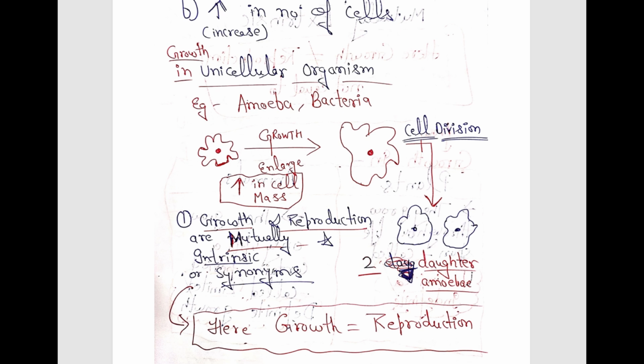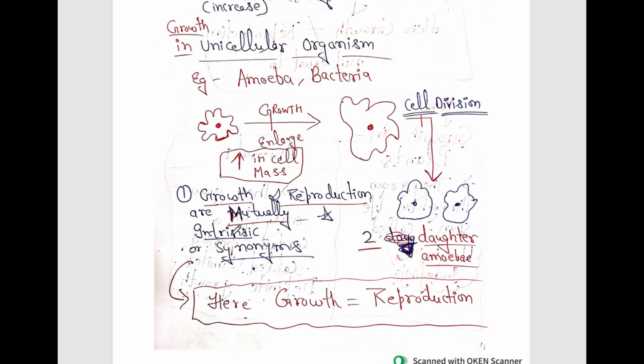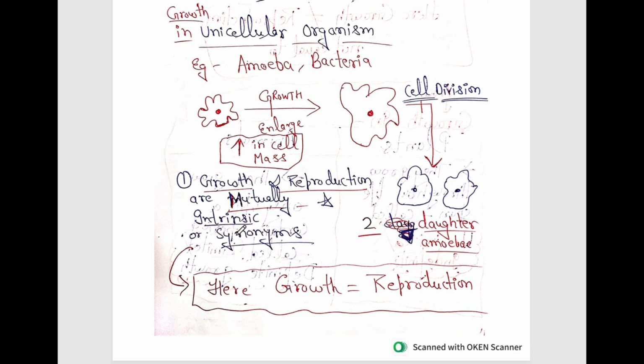They absorb nutrients and perform metabolic activities to build and sustain cellular components. For growth, there is enlargement, increase in mass, then cell division occurs. Here growth and reproduction are mutually intrinsic or synonymous. Growth equals reproduction, and reproduction equals growth.